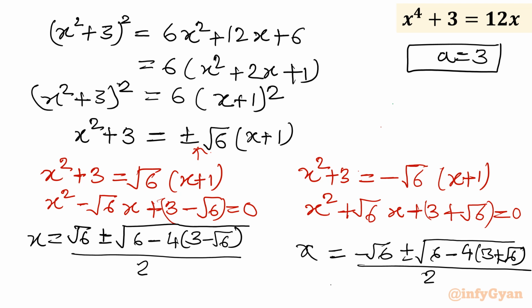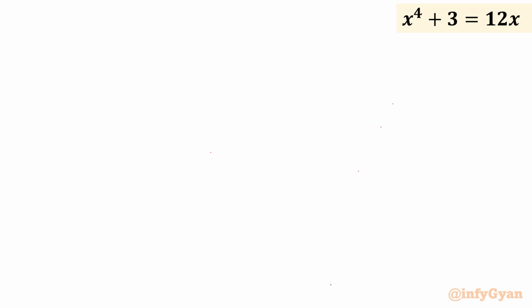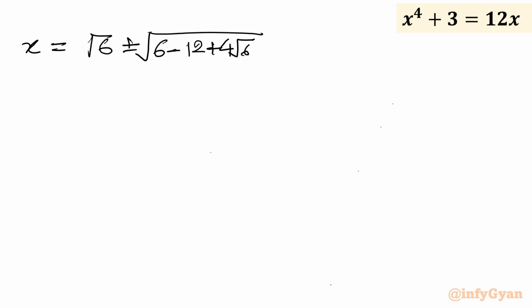Now let us open and check which root is real and which is imaginary. So let me expand this square root term. So I will write x is equal to, the very first x value, it will come out root 6 plus minus square root of 6 minus 12 plus 4 root 6, and the denominator is as it is, 2.